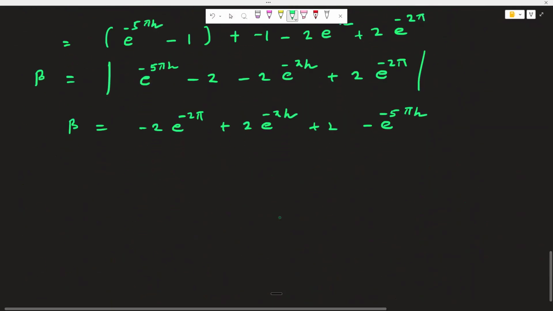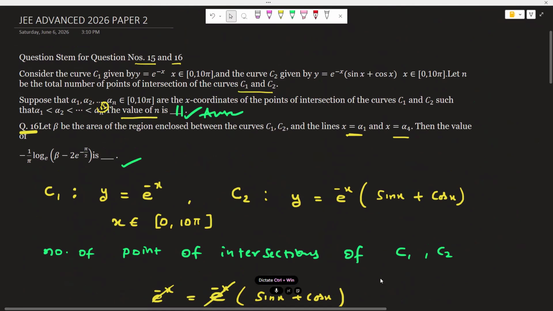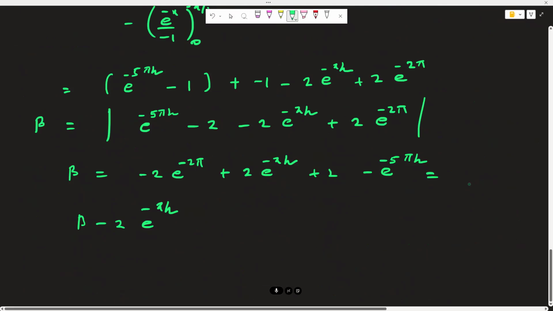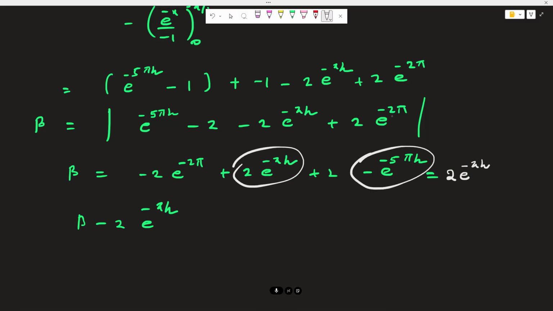If you simplify the above format, 2 into e power minus pi by 2 terms get cancelled, and this term is left: 2 into e power minus pi by 2 minus e power minus 5 pi by 2, these two terms left.